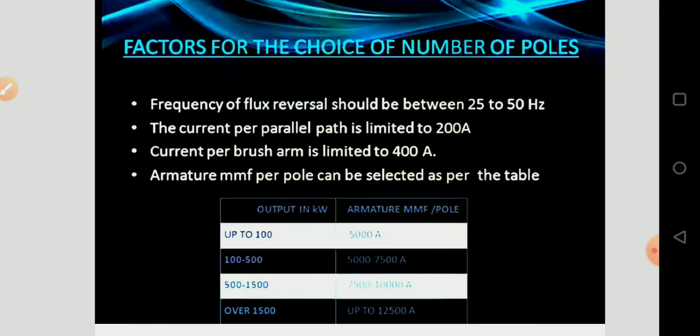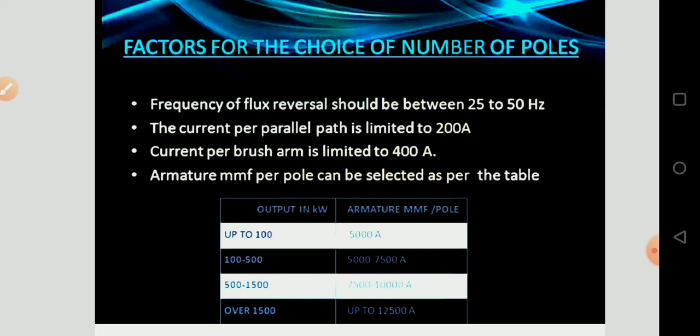Factors for choice of number of poles. The first factor is that the frequency of flux reversal should be between 25 to 50 Hz. The current per parallel path is limited to 200 ampere, and the current per brush arm is limited to 400 ampere. The armature MMF per pole can be selected as per the table.